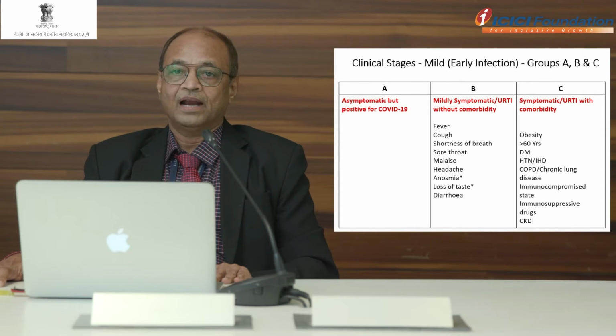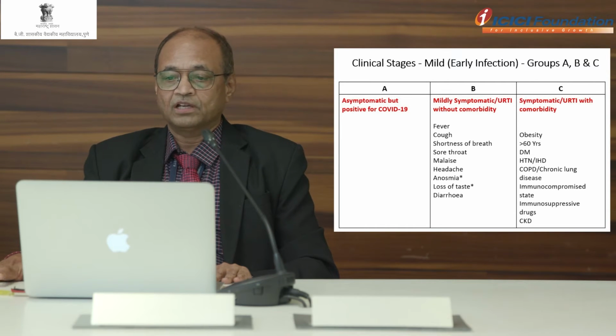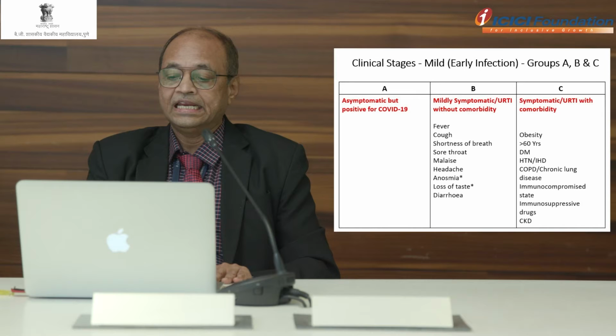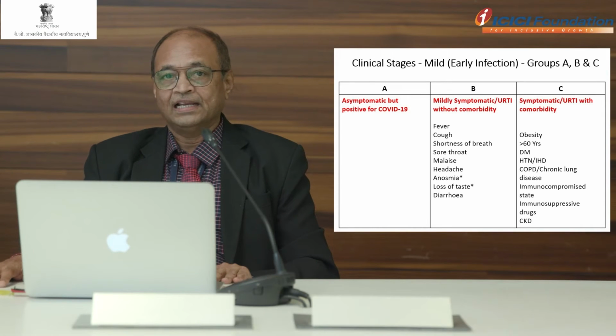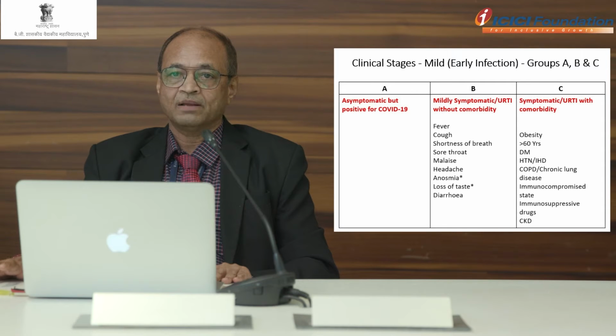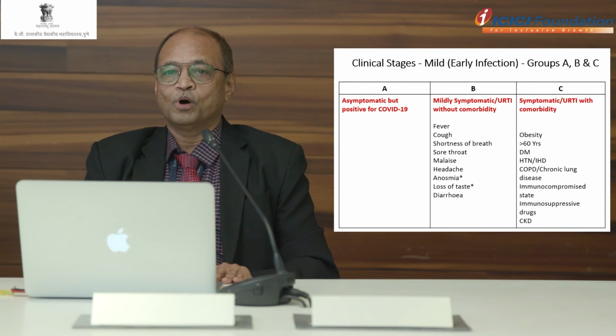And mild C illness, along with all these symptoms, is when the patient has comorbidity. So mild illness can be categorized into A, B and C. A is asymptomatic, B is symptomatic mild but no comorbidity, C is symptomatic with comorbidity.